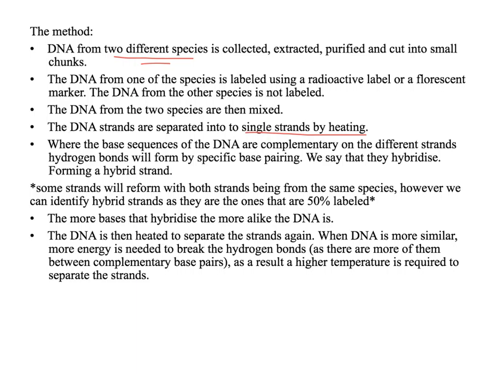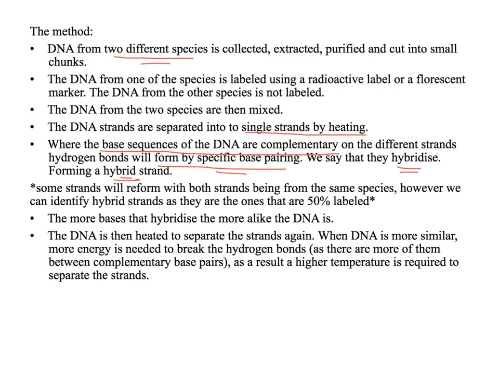You then let it cool again, and every place where the base sequence of DNA is complementary on the different strands, hydrogen bonds will reform due to the specific base pairing. They form what's called a hybrid strand, when the DNA from one species in the cooling process reforms with the DNA from the opposite sample.